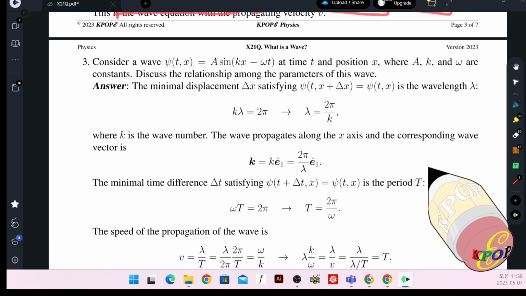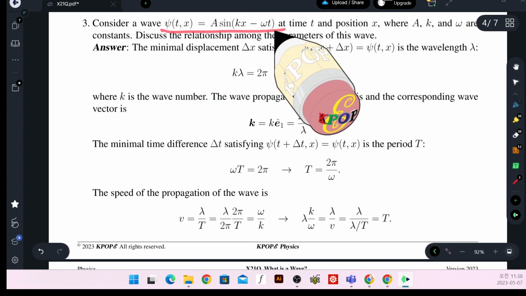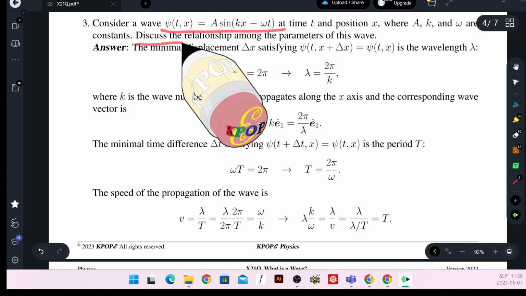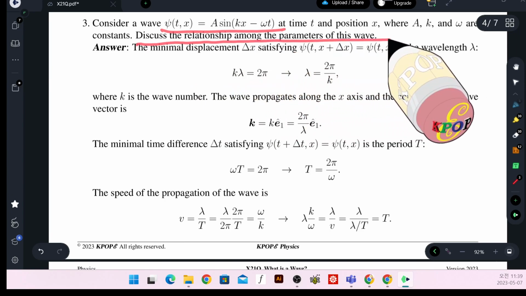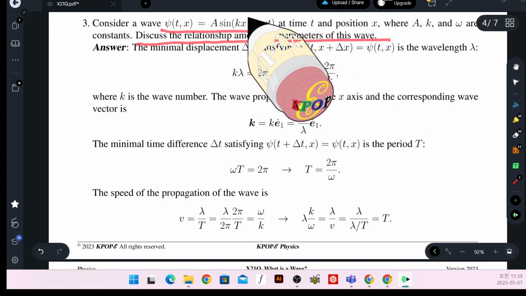Consider a wave: amplitude multiplied by a sinusoidal function whose argument is kx minus omega t. Let's discuss the relationship among the parameters of this wave. Okay, this is periodic.